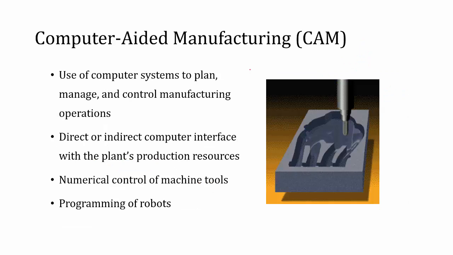Then computer aided manufacturing. With the help of computer we are going to manufacture the product. Generally we create NC codes using the software. For example, in our course we are going to use CATIA for computer aided design as well as manufacturing.